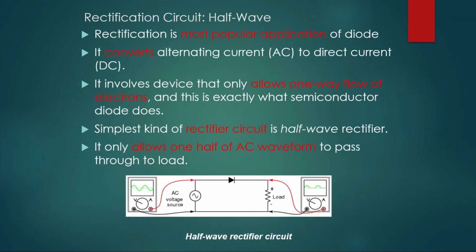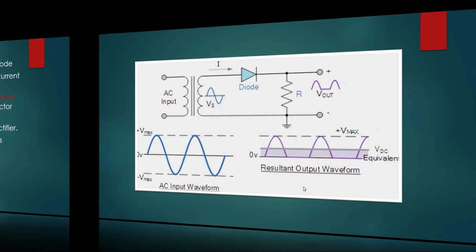So we get half waves when the diode is on, and we don't get half waves when the diode is off. Here we can see rectification. It converts AC to DC. It allows only one way flow of electrons because of the semiconductor diode, and we get the half wave at the output. That's why it is called a half wave rectifier.